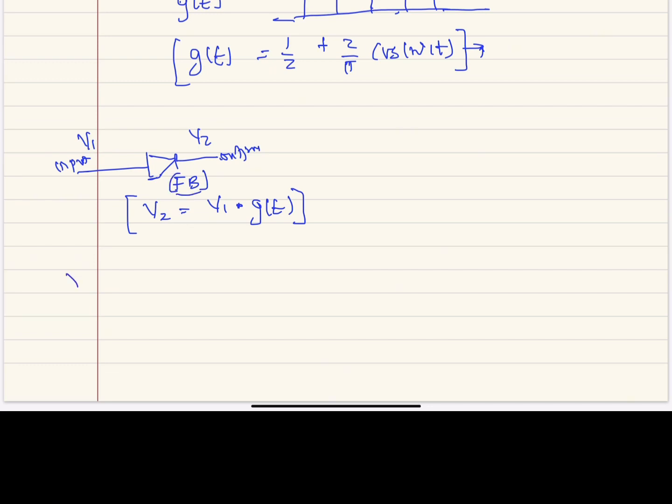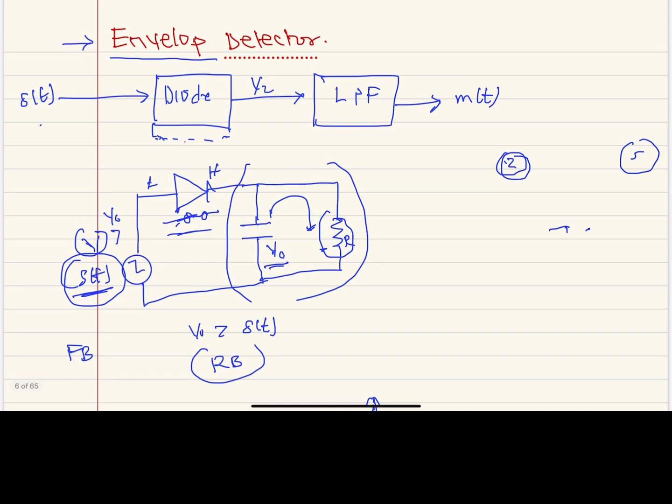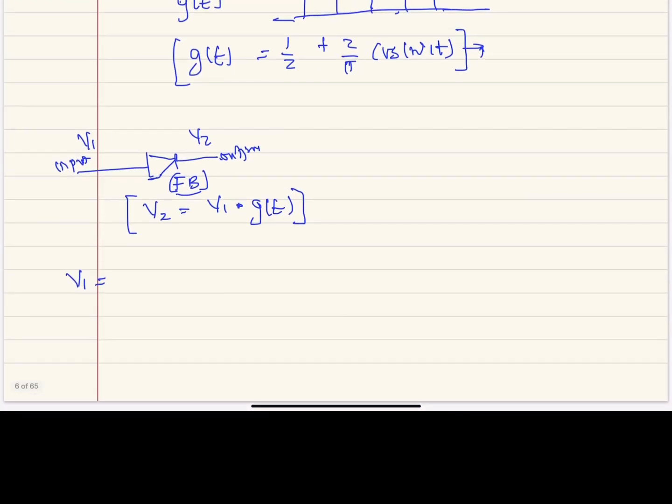So now let's come up with our V1. We all agree that the input of our diode is s(t). Therefore, our V1 is going to be s(t), which is also equal to Ac(1 + km(t)) cos ωct. Let's do the simplification here.